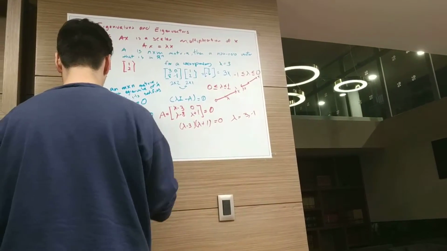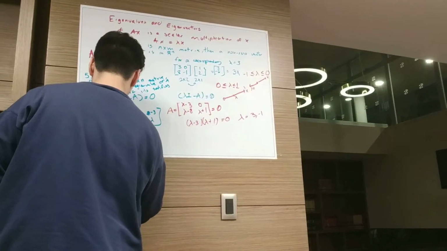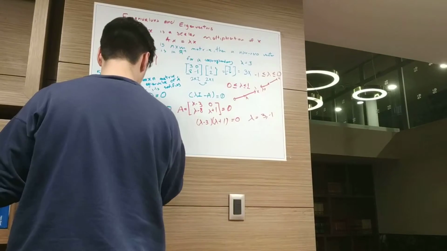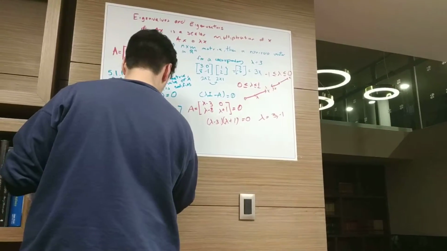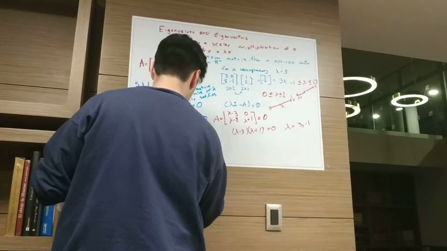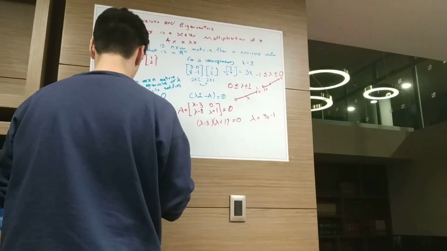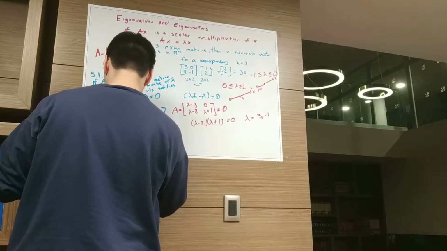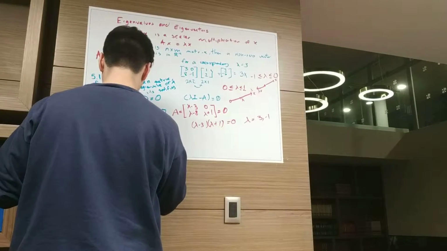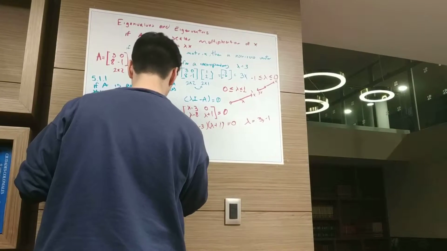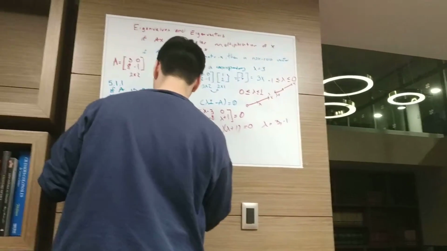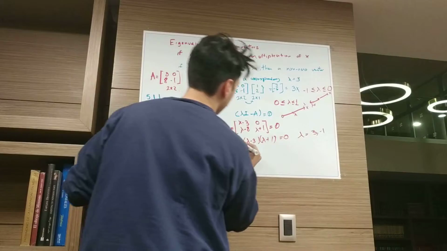So with this we can start with the determinant. We're going to have lambda times lambda plus 1 because of this multiplication, and this is minus 6. Yeah, this is minus 6, and it's equal to lambda minus 2 times lambda plus 3, and this needs to be 0.